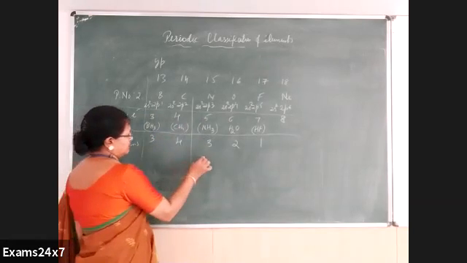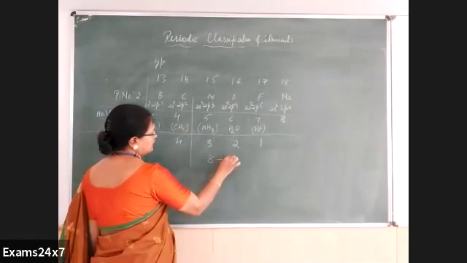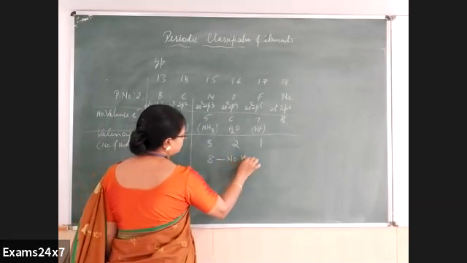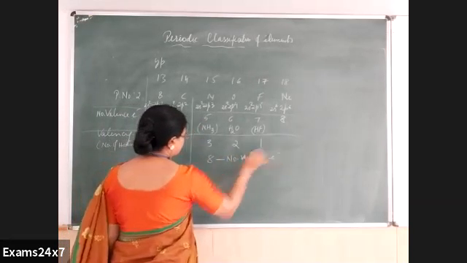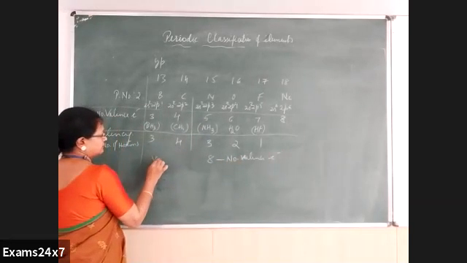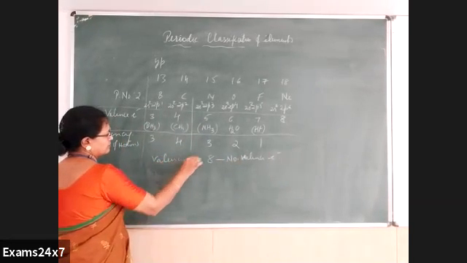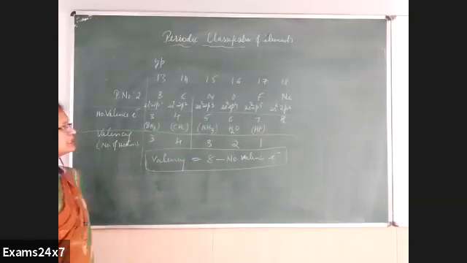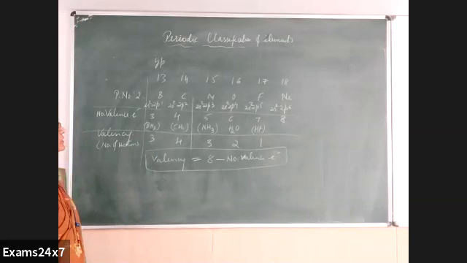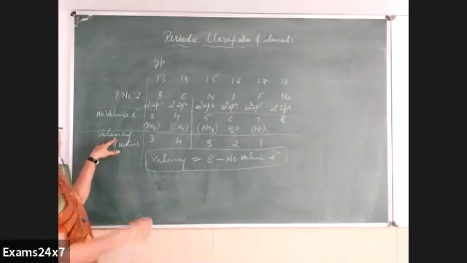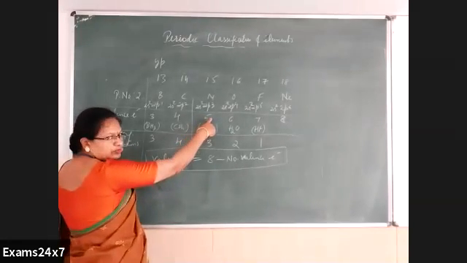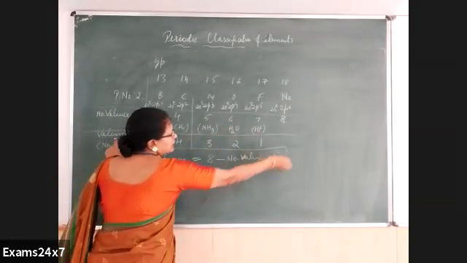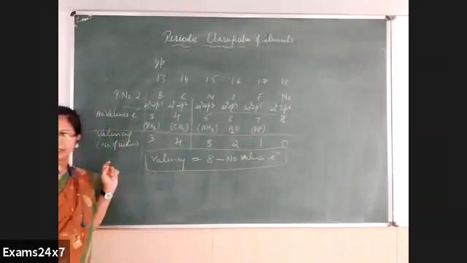Later, valency is equal to 8 minus the number of valence electrons. 8 minus 5 is 3. 8 minus 6 equal to 2. 8 minus 7 equal to 1. 8 minus 8 equal to 0.